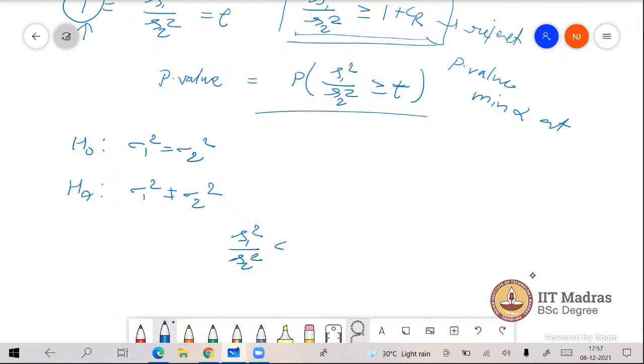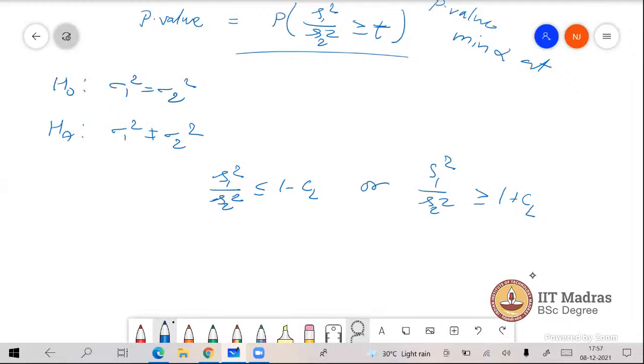So this is going to be s1 square upon s2 square less than or equal to 1 minus CL, or s1 square upon s2 square greater than 1 plus CR. Now you have observed the test statistic value as t, small t. Now what is going to be your p value? We can evaluate those two CDFs and subtract them. No.